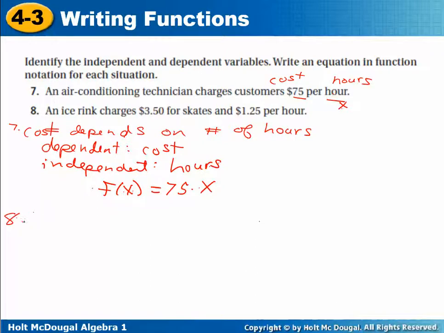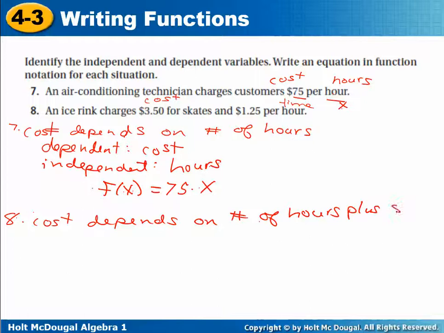Okay, let's look at number 8. An ice rink charges $3.50 for skates and $1.25 per hour. This is going to be a two-part equation. So time and cost again. So again, the cost depends on the number of hours that you rent the skates for plus cost of skates. Plus $3.50 because every skate costs $3.50. So dependent again is the cost as usual, and independent is the hours.